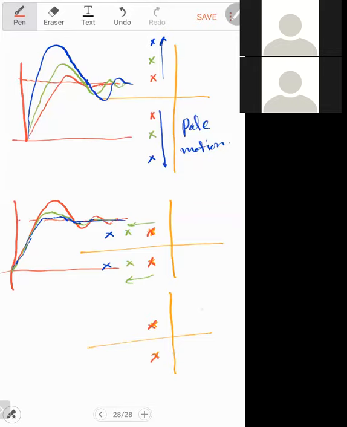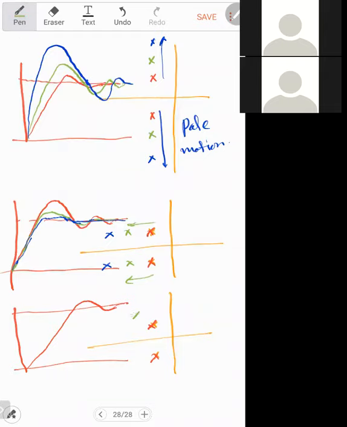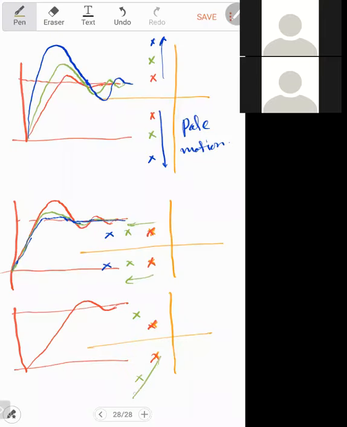If you plot the unit step response, and this is the response, I just make the response like this for comparison. Then you are moving the poles along this side, along this line where the ratio is the same.